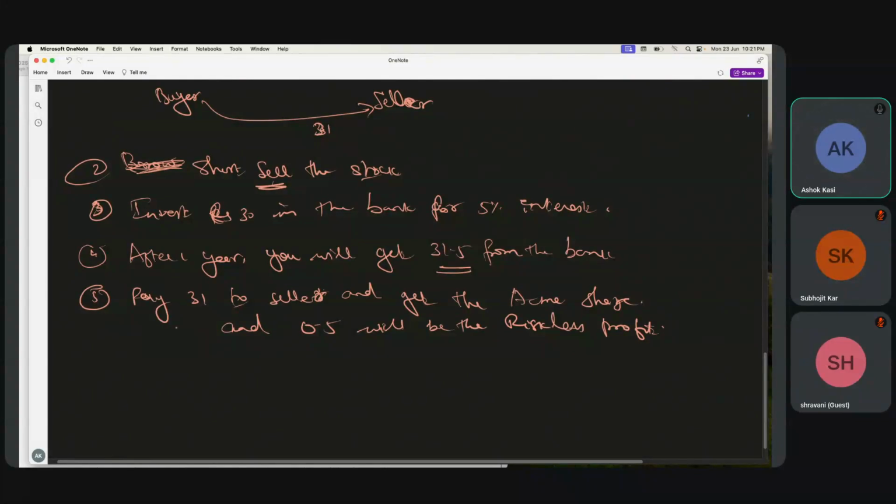So this is called reverse cash and carry.